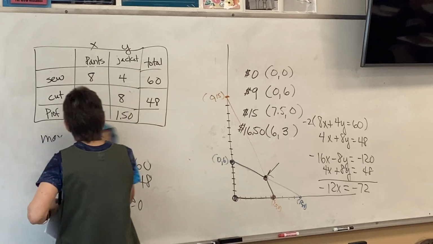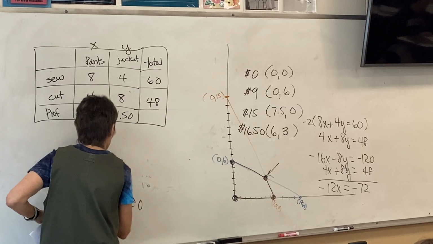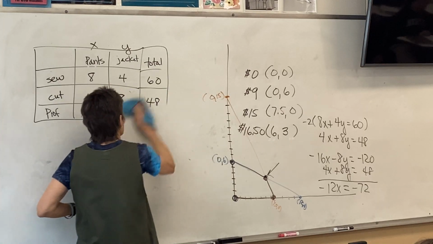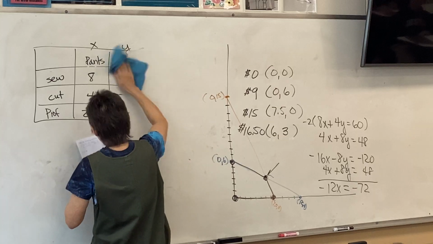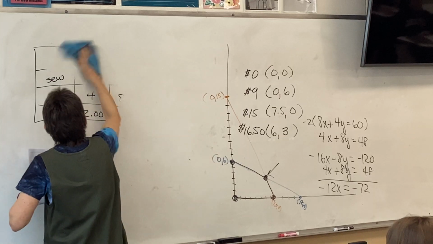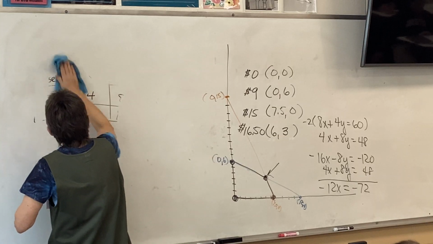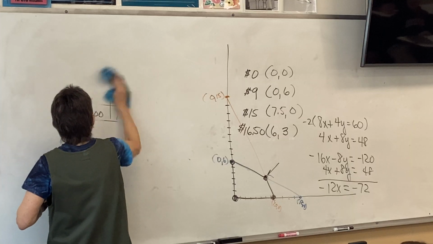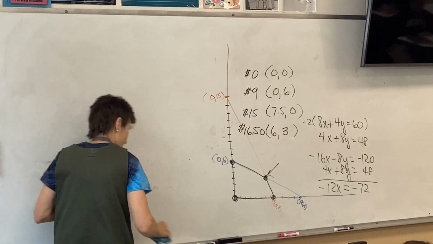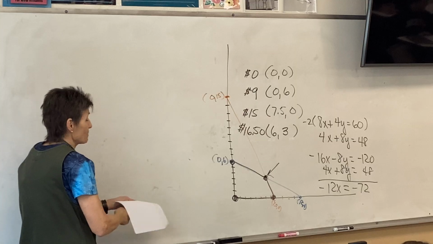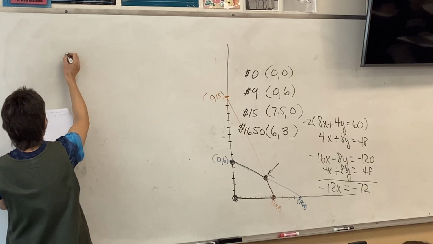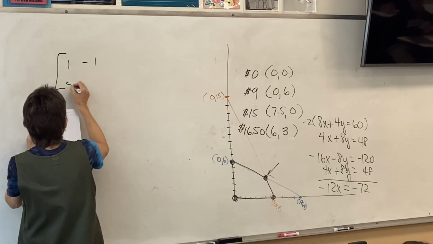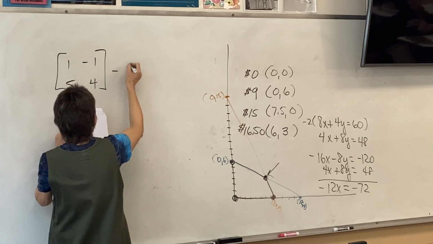Number 2 is a subtraction problem. So the first thing I would encourage you to do is, can you even subtract? Can I do B minus D? Yeah. 2 by 2, 2 by 2.